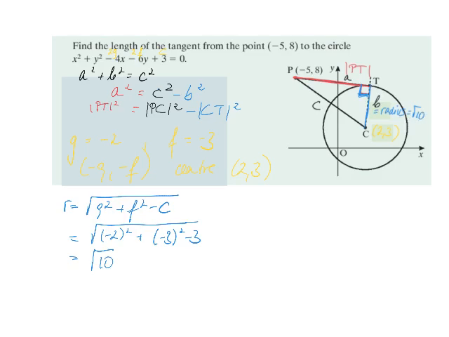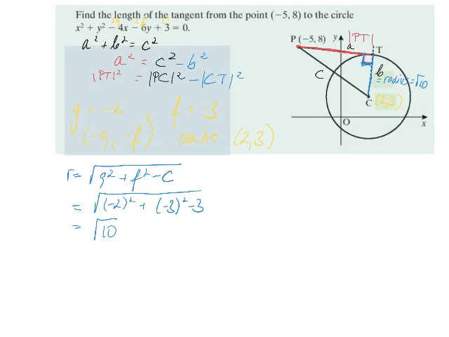Now we need to calculate c, the distance between P and C. That is just the distance between 2 points. So our calculation is the root of 2 minus -5, so 2 plus 5 squared, plus 3 minus 8 all squared.